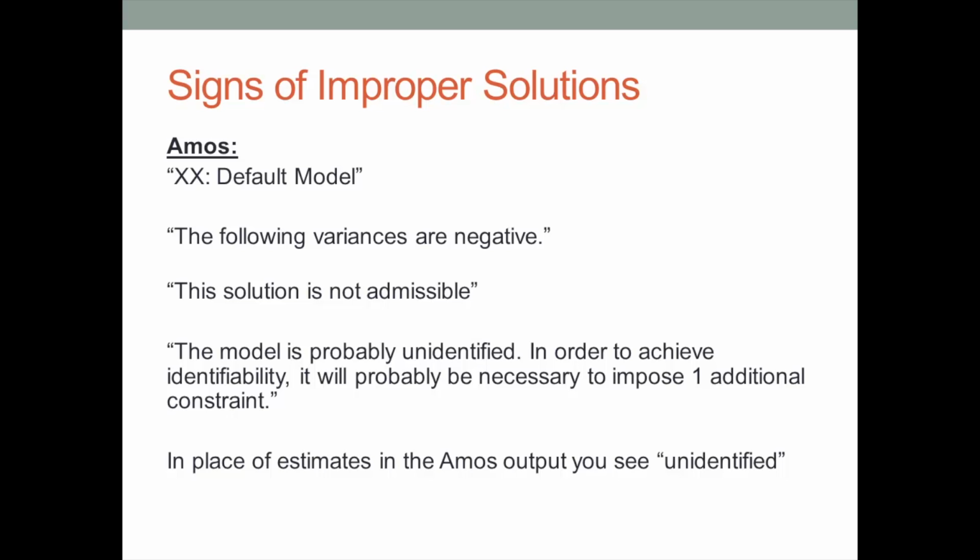When you open the text output in AMOS, if you have a problem, it will take you straight to the message that says the following variances are negative, or this solution is not admissible. You might also see a message like the model is probably unidentified. In order to achieve identifiability, it would probably be necessary to impose one additional constraint. And by the estimates, sometimes instead of having a p-value, you'll have something that says that it's unidentified there.